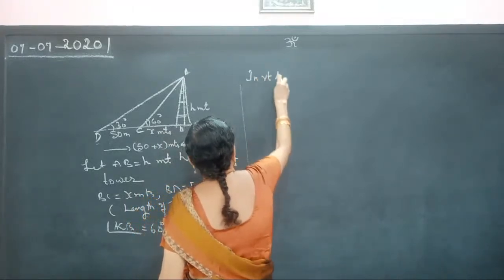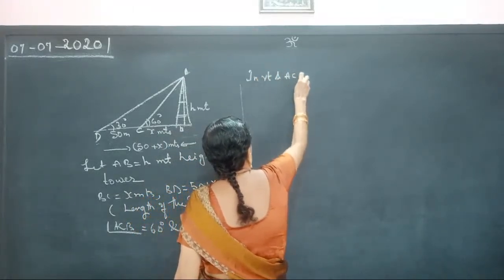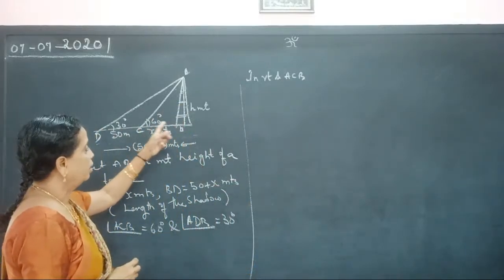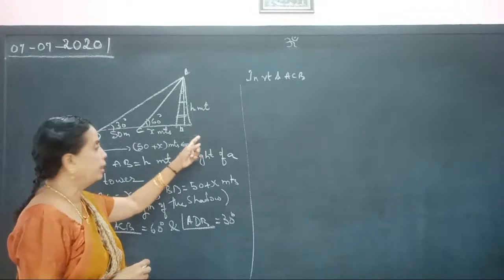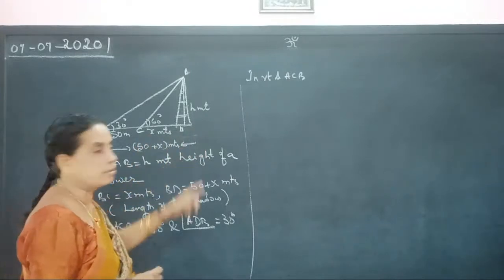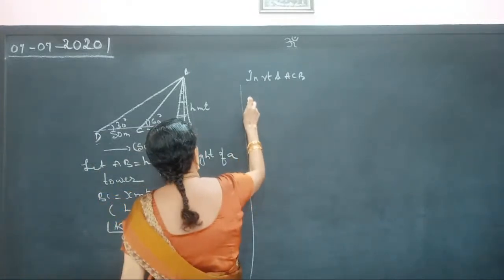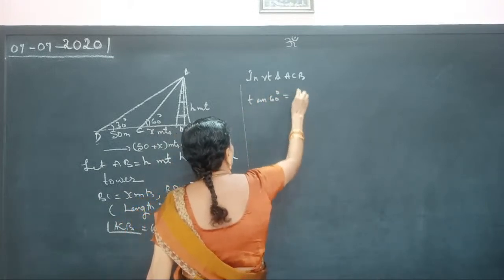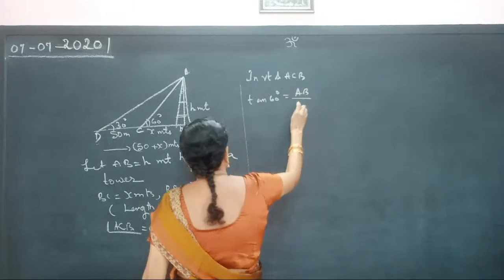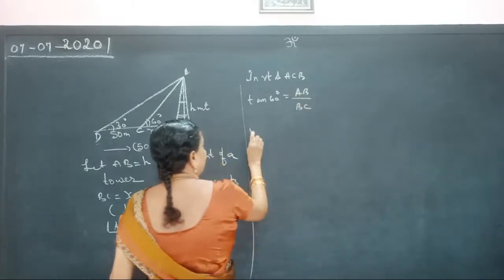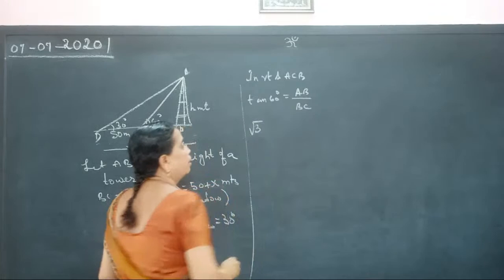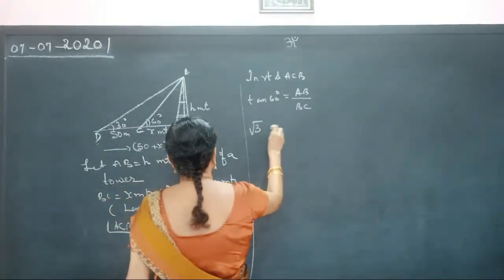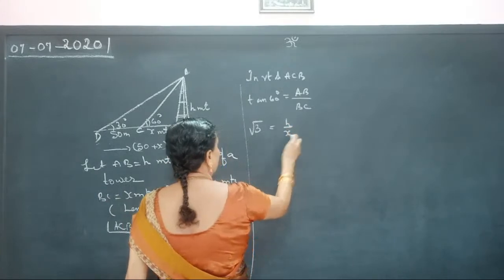In the right triangle ACB, theta is 60 degree, opposite side is h meter, base is x meter. Tan 60 degree equals opposite side by adjacent side. The value of tan 60 degree is root 3 equals h by x.